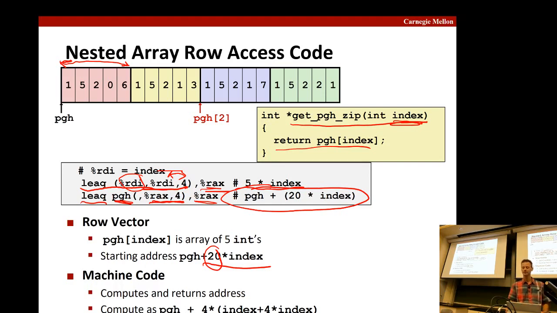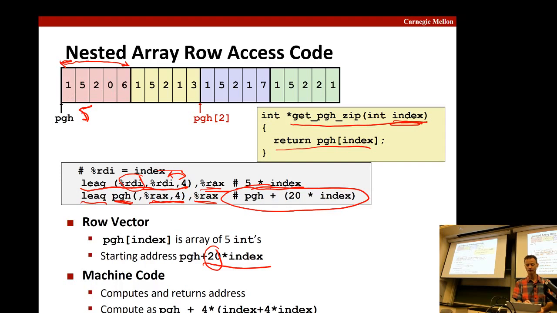Any questions on that? Yes? How do you get 20 times? Okay. There are 5 elements in a row.